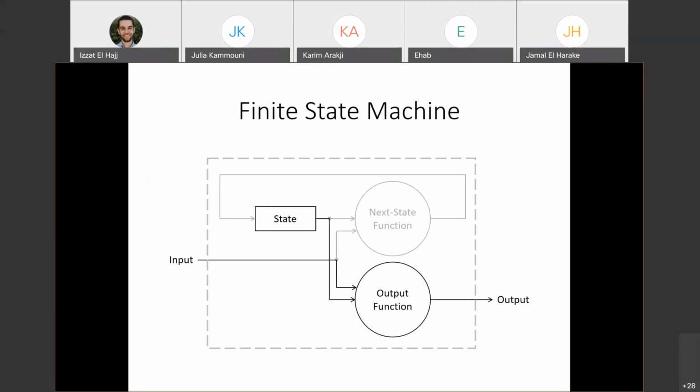And then I'm also going to have a next state function that reads the current state and the input and computes the next state. This next state is going to come back and be provided as an input to the state element, so that on the next active edge, the state element will update its value from the current state to the next state. So this is what a finite state machine is abstractly, and I'm about to do an example to make this more clear.